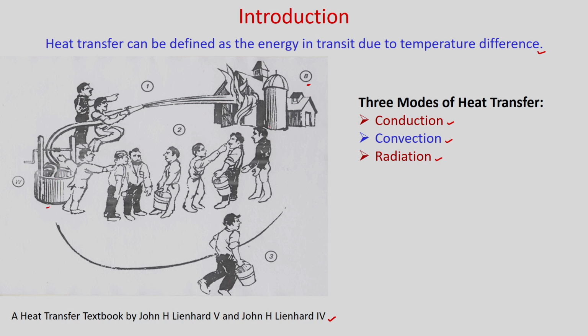Let us assume that there is no quick availability of a fire engine. So, this group of people are trying to extinguish this fire. Here you can see that this group of people in three different ways are trying to extinguish this fire, taking water from this well.